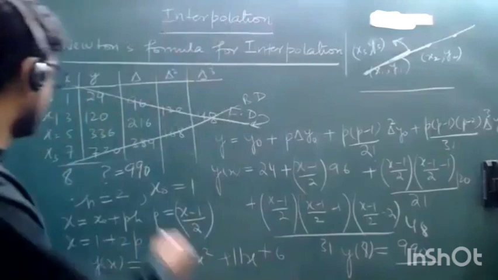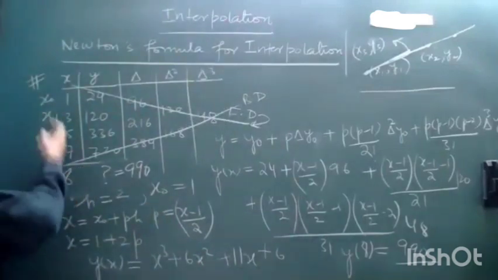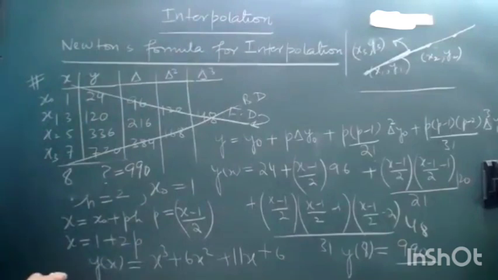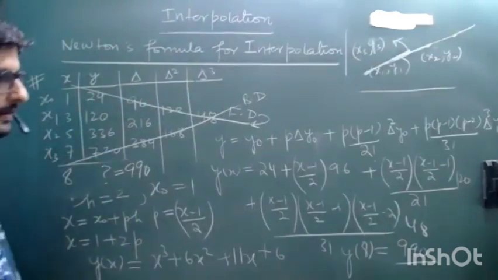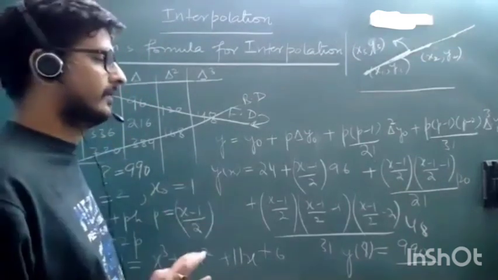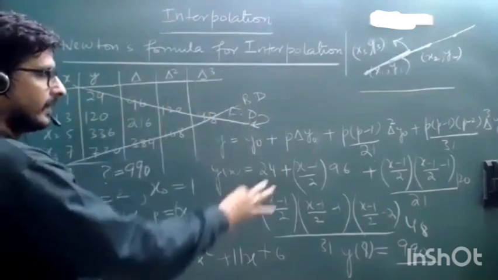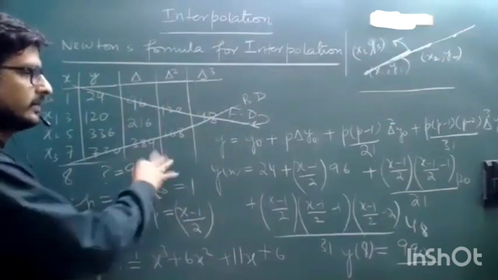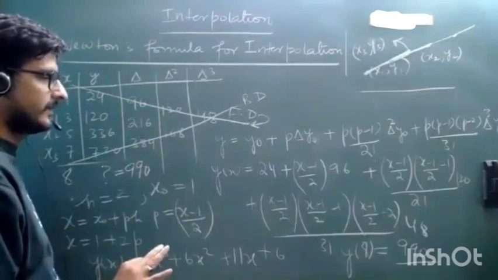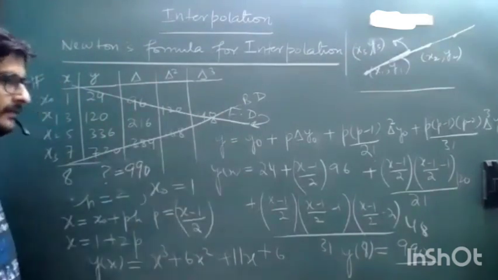Right now you are doing exactly that: up to 7 is given, you are calculating at 8, so that is outside, a kind of extrapolation. Just don't think about the correctness of that. You will be asked this question: this is given, tell me what y8 will be using Newton's forward difference method. So you don't think about the correctness, just follow the procedure.